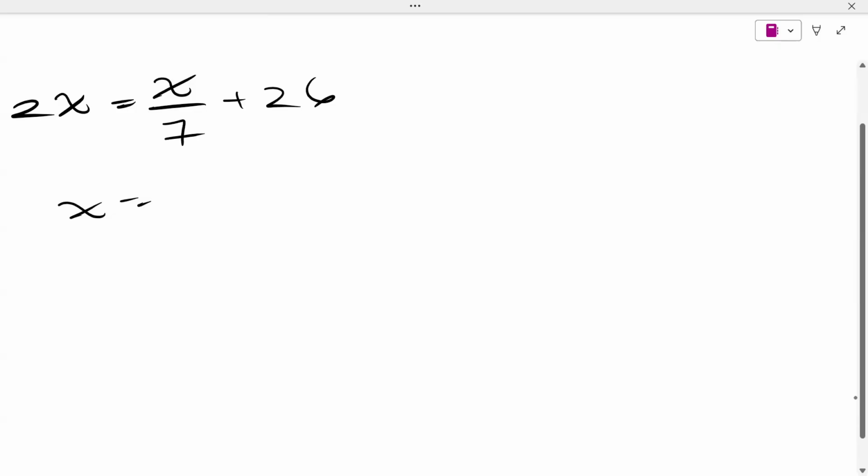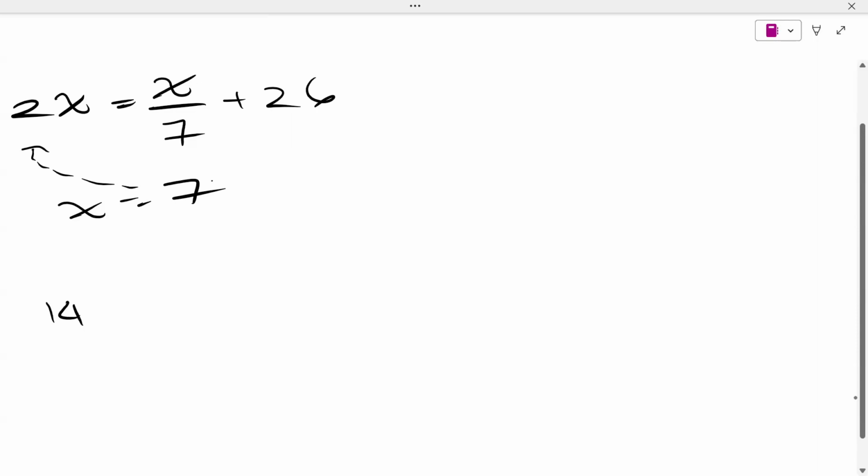I might add that this is also one way you can solve normal equations, right? So like 2x equals x over 7 plus 26. You might guess that x equals 7 might be a solution. How do we check if this is true? So we plug it into the left-hand side.